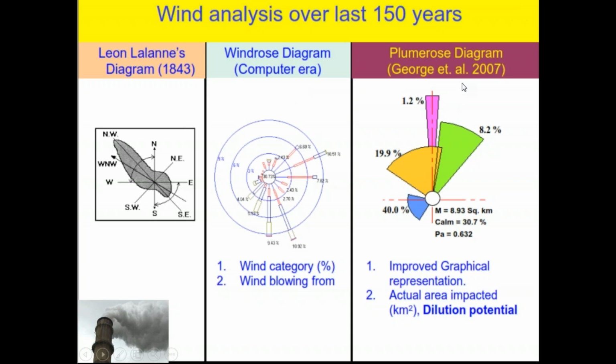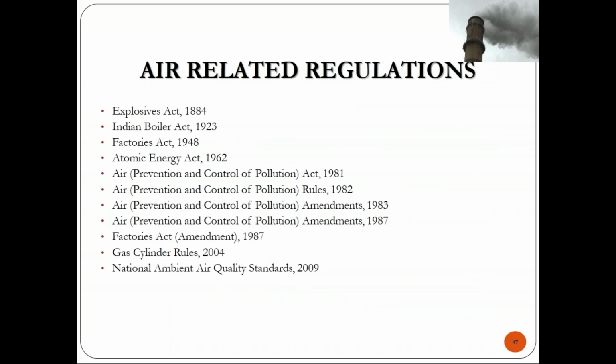But in this plume rose diagram, it is directly related to the actual area, in kilometers. So under this plume rose, one can immediately identify how much percent of wind or which type of wind speed is there in that particular area, for what duration, and at what distance from your source. So this is a more important and improved graphical representation.